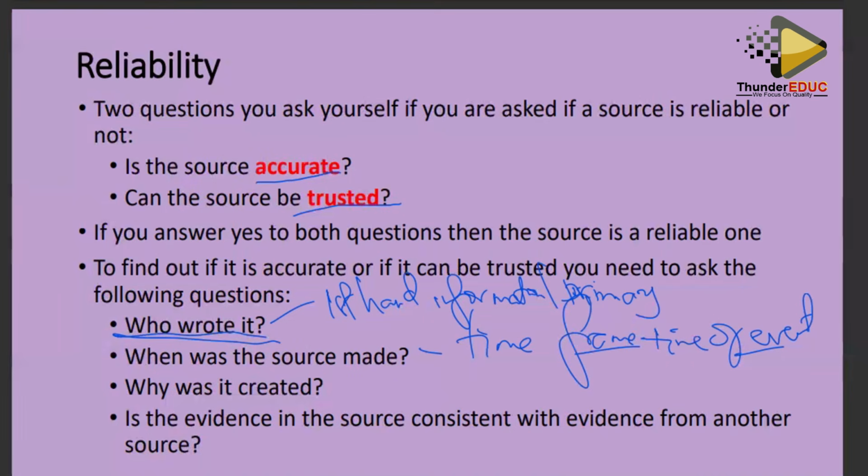Why was it created? We also check on this for reliability. Why was the source created? It can give us an idea of reliability. If a source is created for propaganda, maybe it's a poster whereby black people are mobilizing each other to go for a meeting to fight against apartheid oppression, that poster might be unreliable because they might portray apartheid as the worst evil on earth because they want people to behave in a given direction.